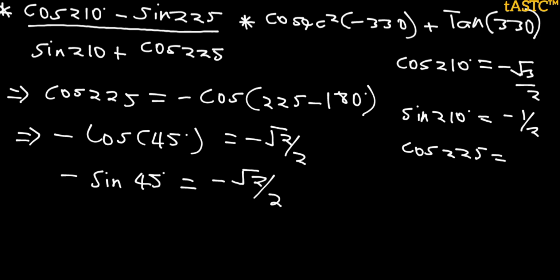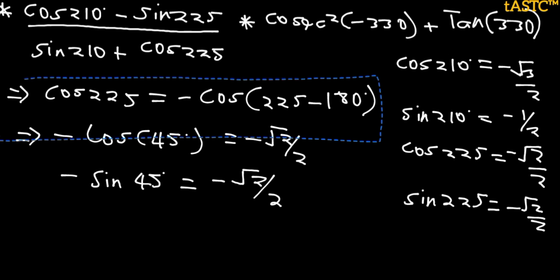That will be equal to negative root 2 divided by 2. And here we actually have sine 225. So this is also negative root 2 divided by 2.